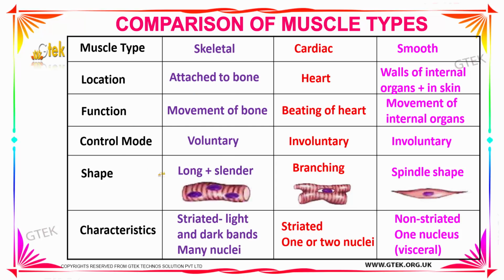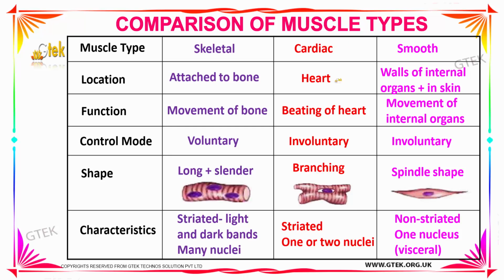The control mode of your skeletal muscle is voluntary, that is, it has to be moved with an instruction from the human brain. The shape of the skeletal muscle is long and slender, as you can see over here. The characteristics are as follows: it is striated, with light and dark bands and many nuclei.